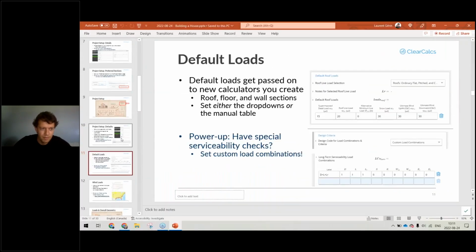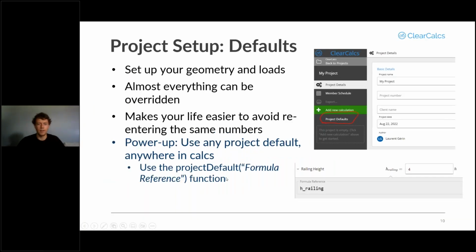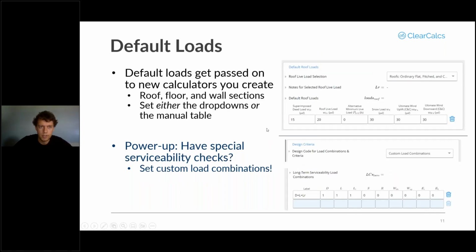Sorry, you're going to watch me do this right now, just so we have it. Okay, so we're going to have this project default and the formula reference, so you can actually use this to access your project default from any template that you want in ClearCalcs.